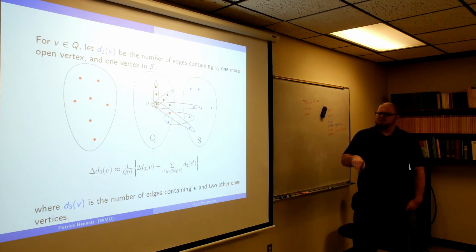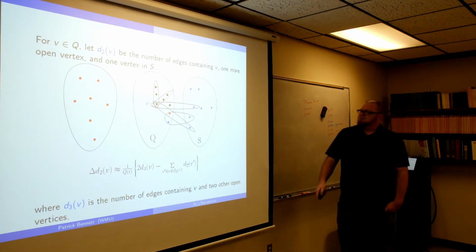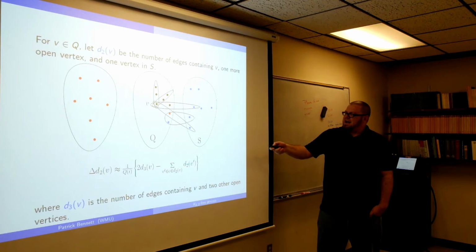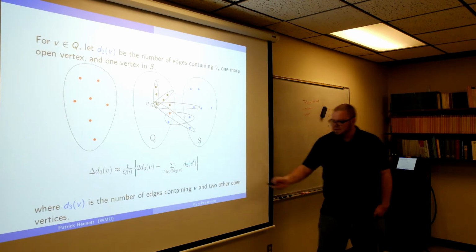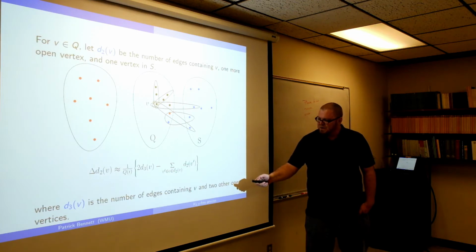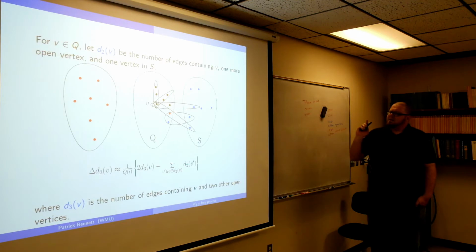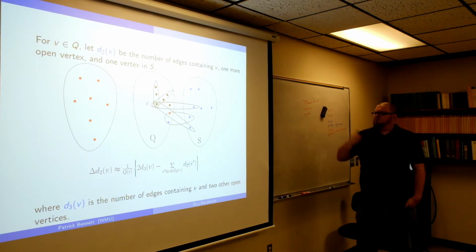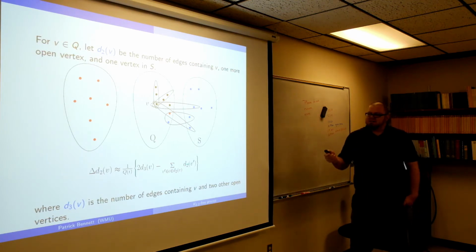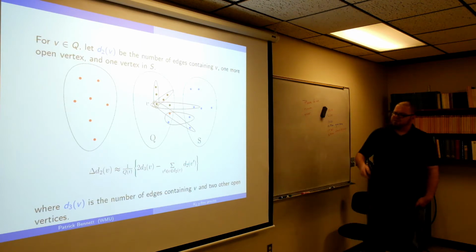So how many ways are there for that to happen? Well, for every edge that v is in that looked like that was a d2, I'm going to do a sum over possible d2s. All of the ways to close that vertex is what I want to count, meaning I sum up d2 of its neighbors.